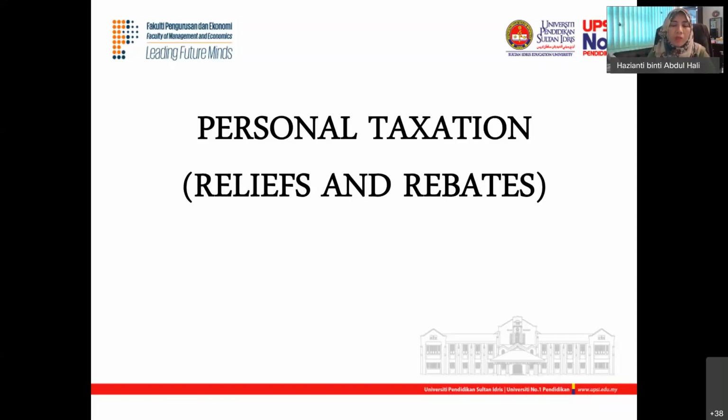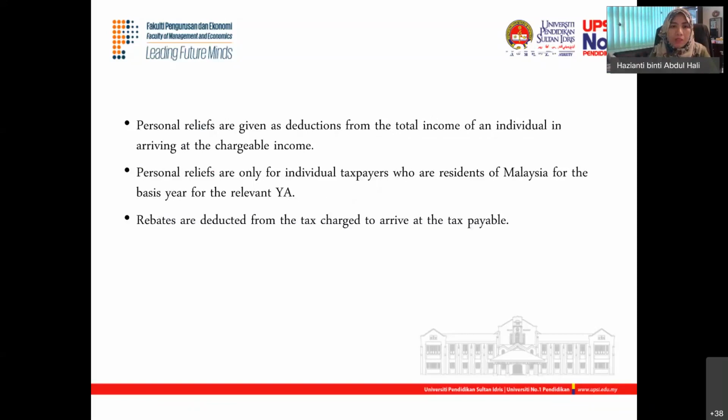So kita dah tahu different types of income individual can possess. So now kita nak tengok the reliefs and also the rebates. So this is the relief given to resident individual taxpayers as a deduction from the total income.